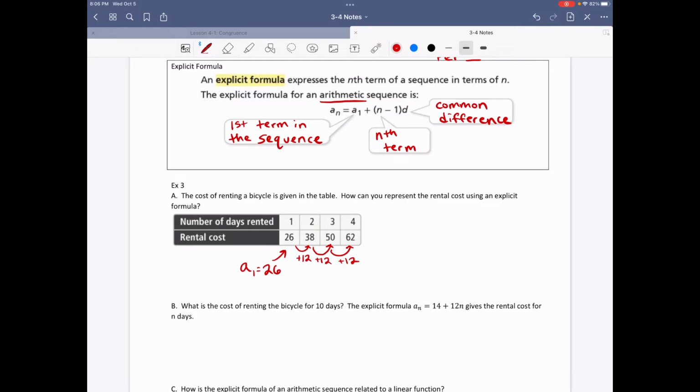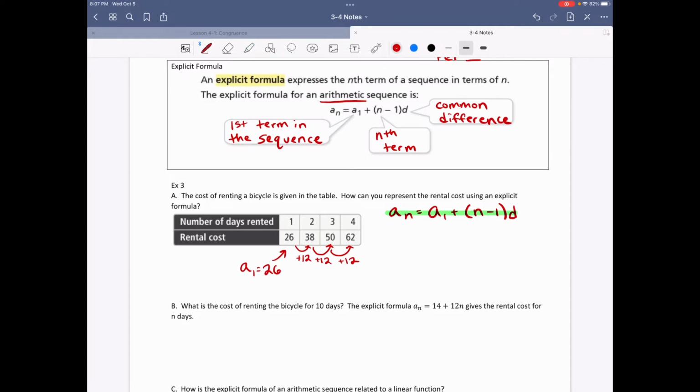Now I'm going to rewrite the explicit formula for the arithmetic sequence, which is a sub n equals a sub 1 plus n minus 1 times the common difference. And I'm just going to write it so you get into the habit of knowing this formula, either by heart or within your notes so that you can use the formula.